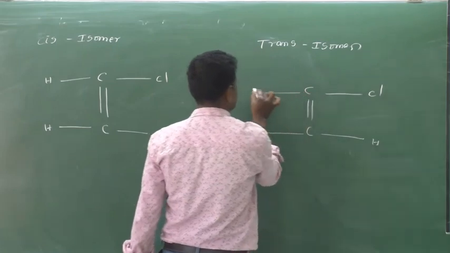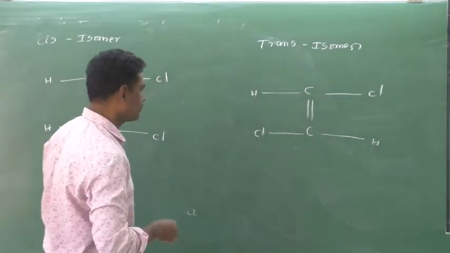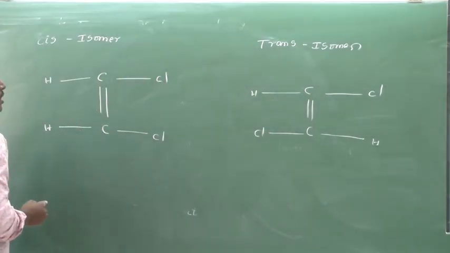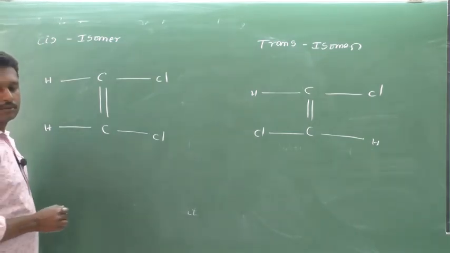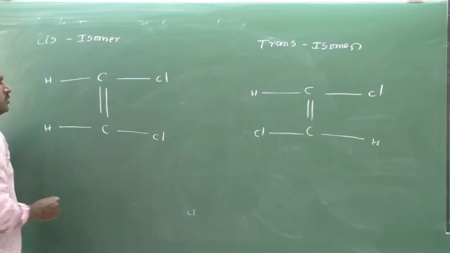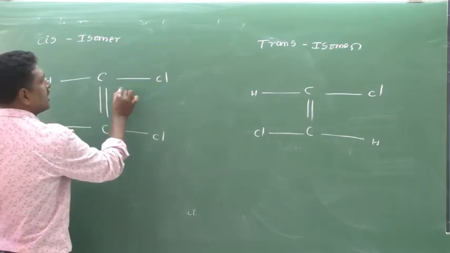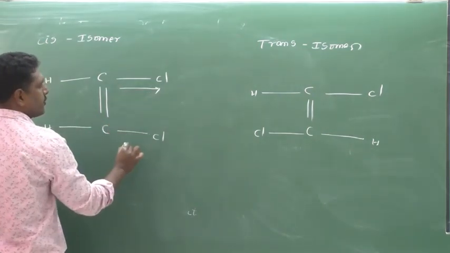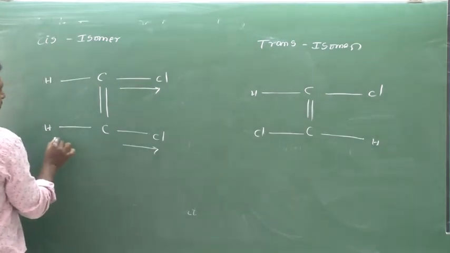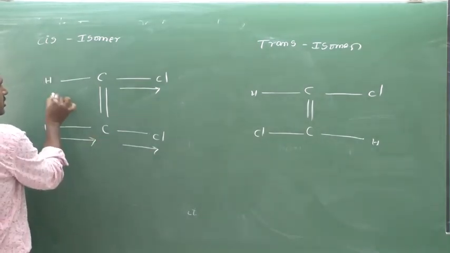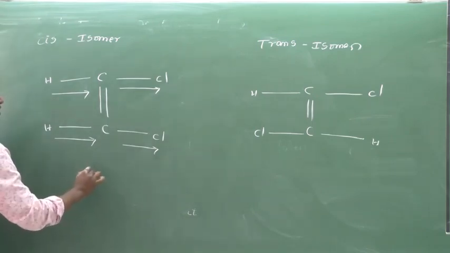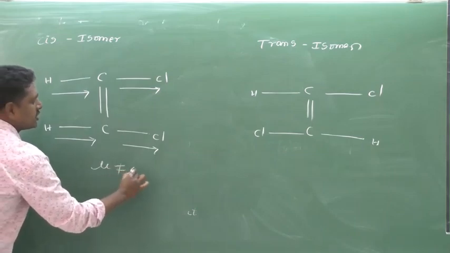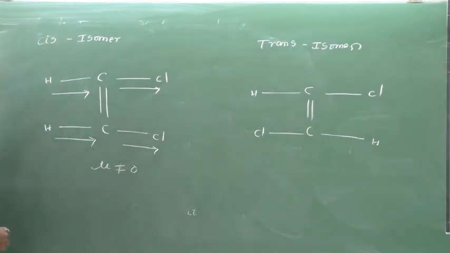This is the trans isomer. So here the bond moment is in this direction, in this direction, in this direction, in this direction. Therefore, the bond moment is not equal to 0 in the case of the cis isomer.